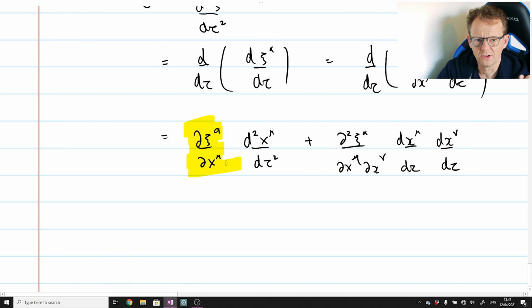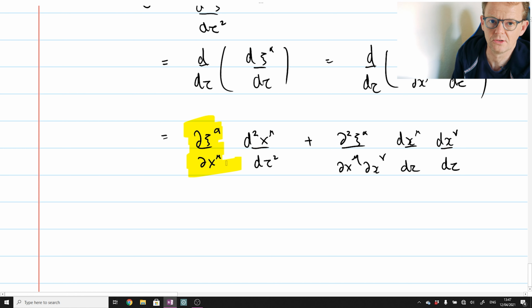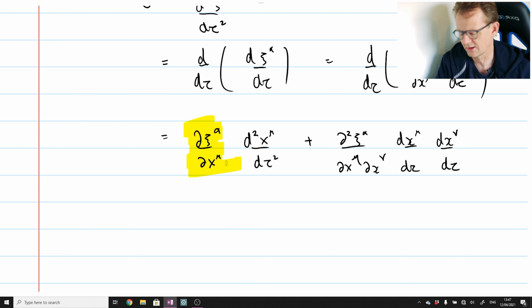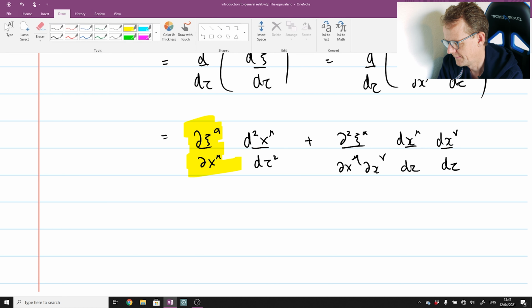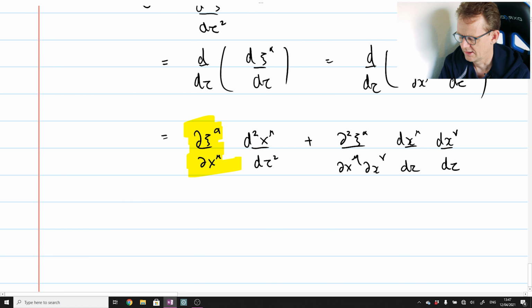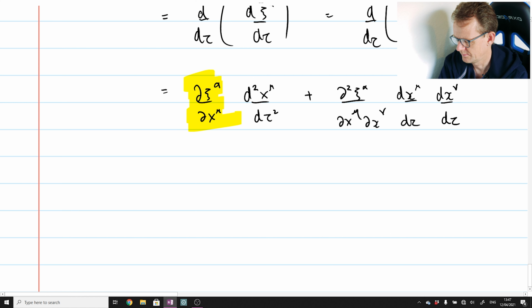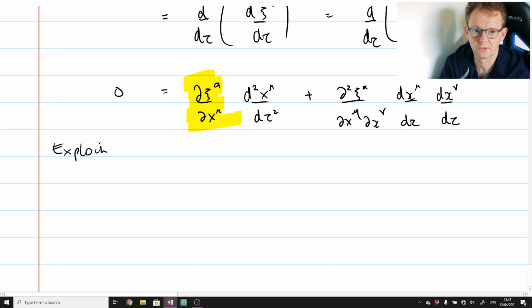We've got a term here, and we don't like that. We want to express things in a way which makes the acceleration terms easier to look at. So we want to get rid of this yellow term. We can do that. So 0 equals this complicated equation. We can exploit the following identity, namely that the Jacobian is invertible.